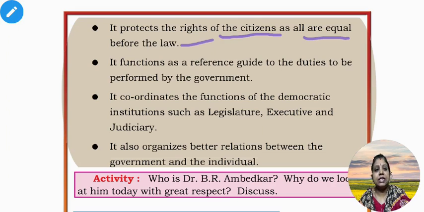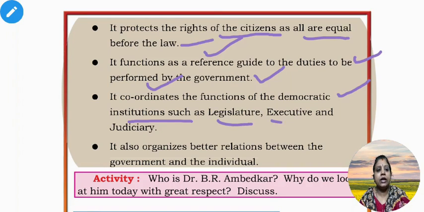The Constitution functions as a reference guide to the duties to be performed by the government. Whatever duties are there, all these duties will function according to the guide rules given by our Constitution. The Constitution also coordinates the functions of the democratic institutions such as legislature, executive and judiciary.